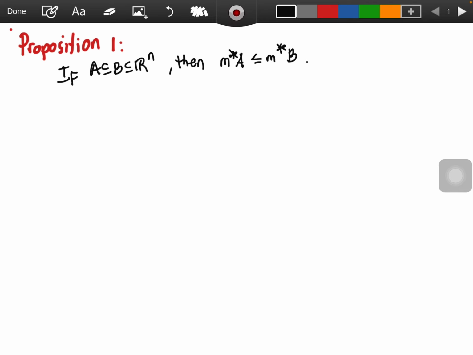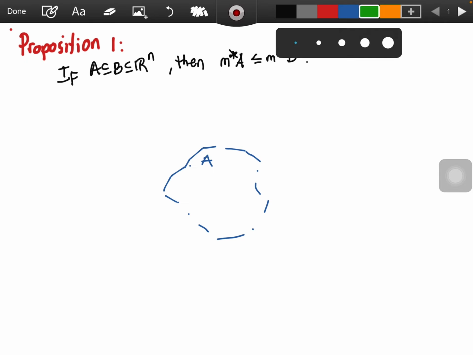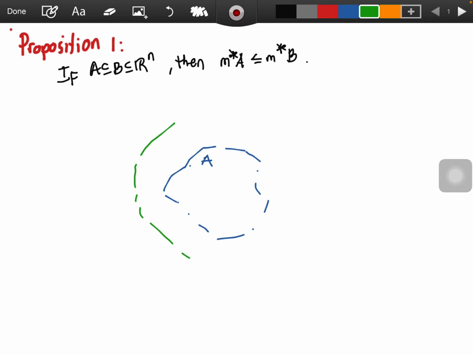So now, ang sinasabi ng proposition number 1, kapag daw meron tayong isang set, so let's say this is our first set, let's say this is our set A. And if we have another set, so let's say this is set B, where A is a subset of B, then yung outer measure daw ni A is always less than or equal sa outer measure of B.